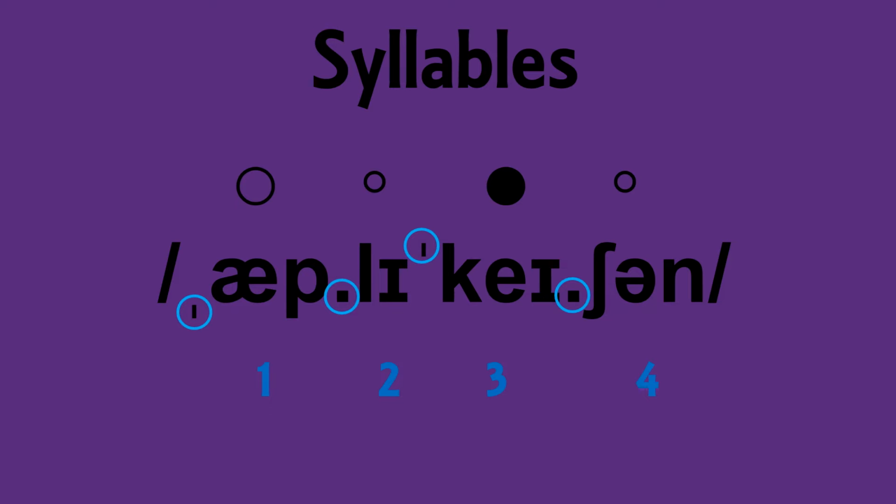The mark bottom left shows us that syllable 1 is the secondary stress, and that mark at the top before the letter K shows us that syllable 3 gets the main stress, application. So this script tells us lots of useful things about how many syllables and which ones should be stronger.